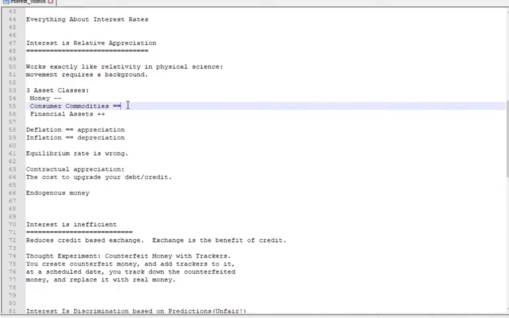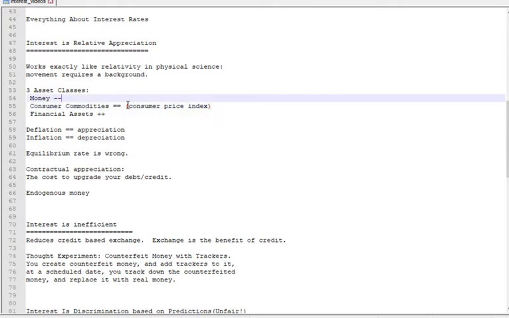We aren't going to be talking about industrial commodities or stuff like that, but consumer commodities: everything that would be involved in the consumer price index. So food, housing, rent, utilities, things like that. So we have money, consumer commodities, and financial assets.